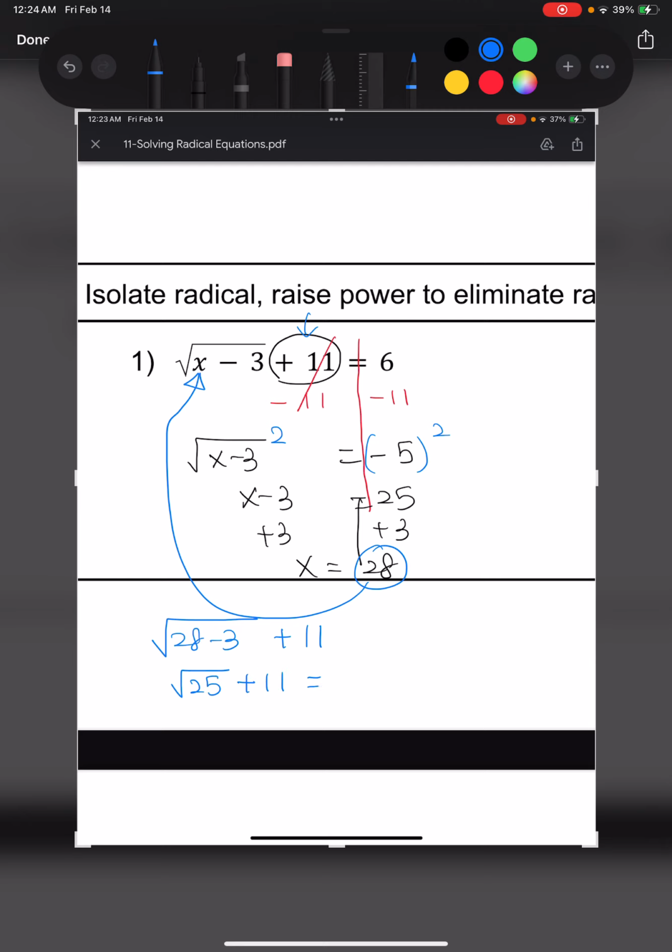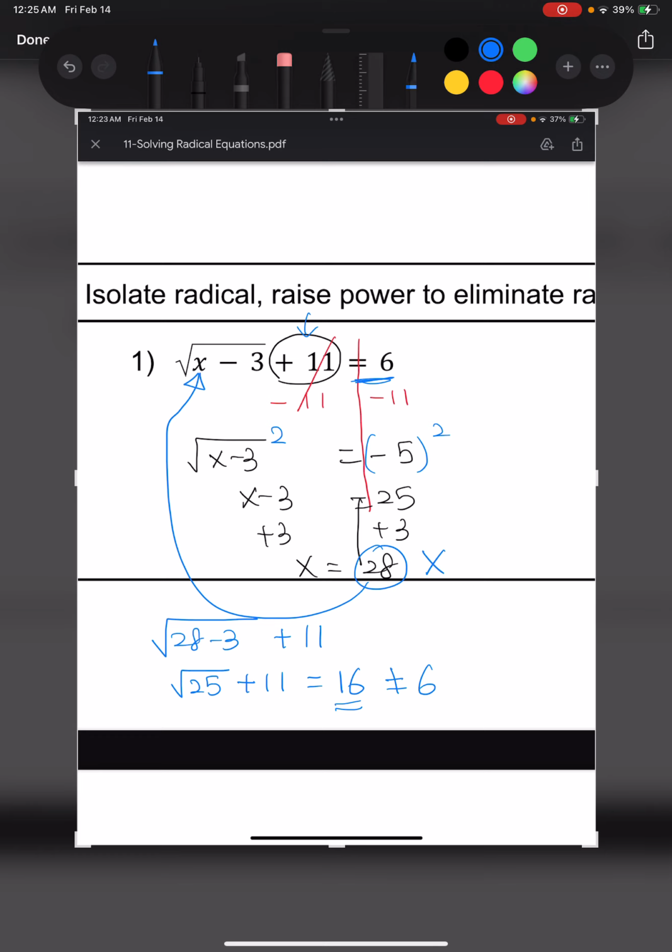So this is going to be 16. So your left side value is 16 but it says it's equal to 6, which really doesn't make sense. So this is not a correct answer.